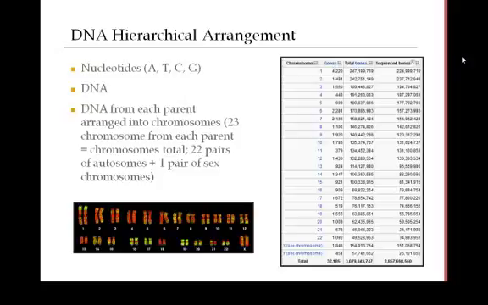So ultimately, I should have written 23 chromosomes from each parent equals 46 chromosomes. There's 46 chromosomes in the human body, 22 pairs of the autosomes, and then 1 sex chromosome from each parent.